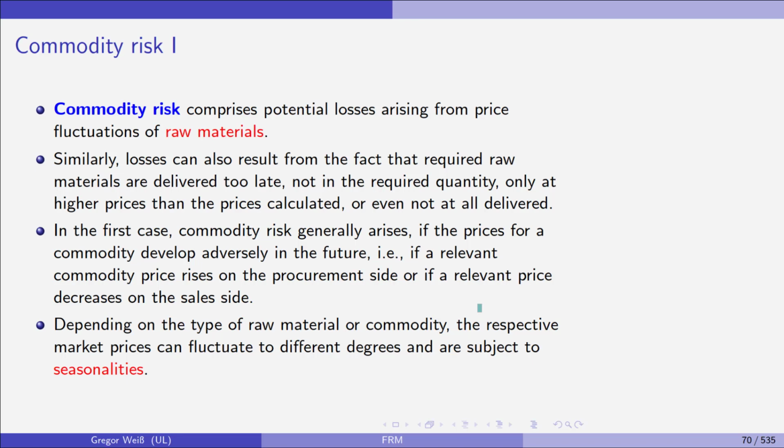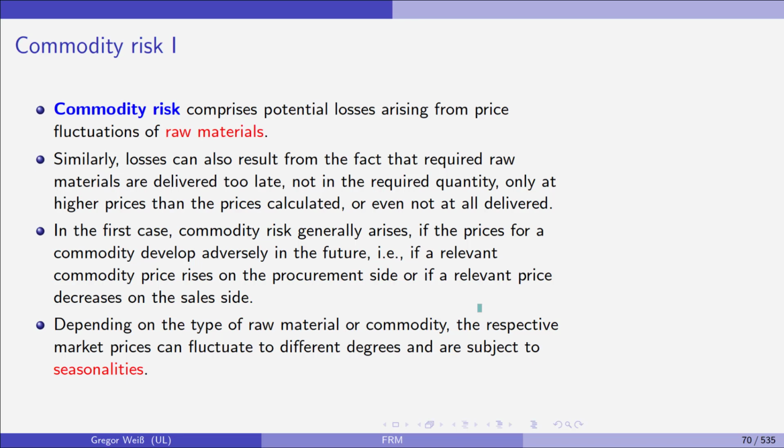So let's have a closer look at the different types of market risk. First of all, commodity risk, very simple. You buy wheat, you buy oil, you sell electricity. This is where we obviously see risk management and financial risk management being of very high importance to energy companies. Commodity risk is the risk, the potential losses arising from price fluctuations of commodities, that is raw materials.